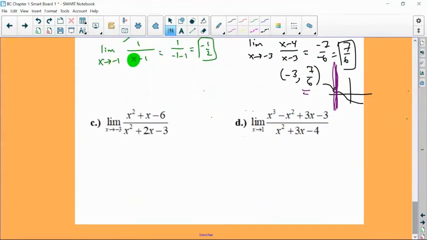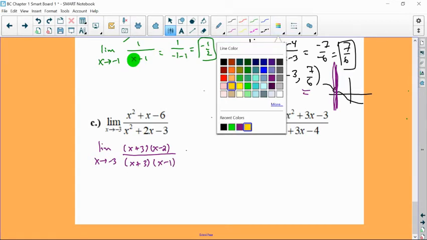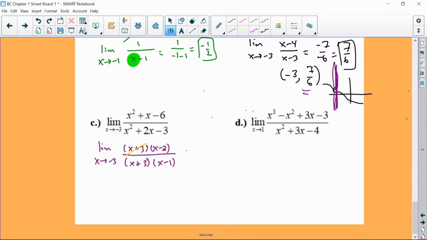Okay, so again, just factoring is fine. So limit as x approaches -3, the top factors into x plus 3 times x minus 2, where the bottom factors into x plus 3 and x minus 1. And again, as we get close to -3, I should notice that there's a 0 and there's a 0 that can be reduced.